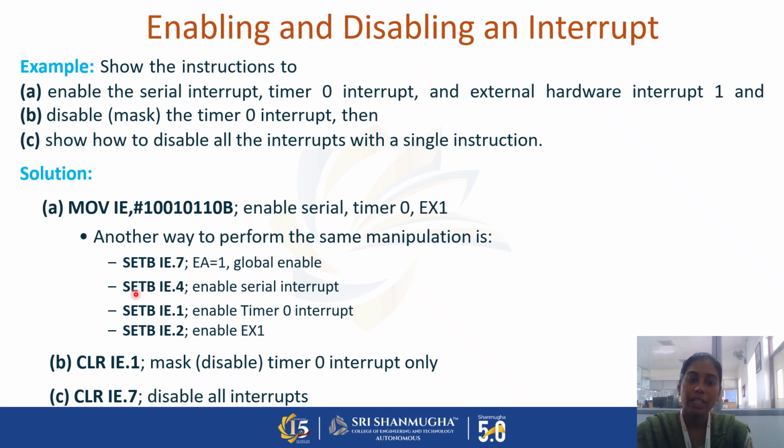In this way we can set or clear the IE register. Clear is used to disable the signal, and set is used for enabling the signal of the respective bit 0 to 7.